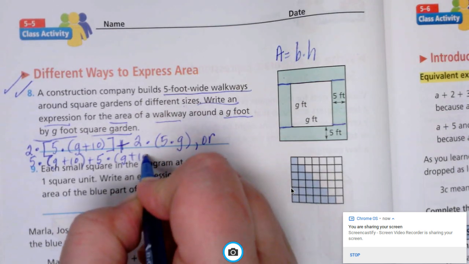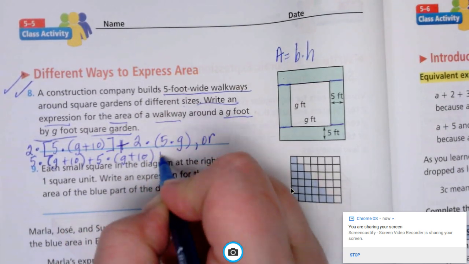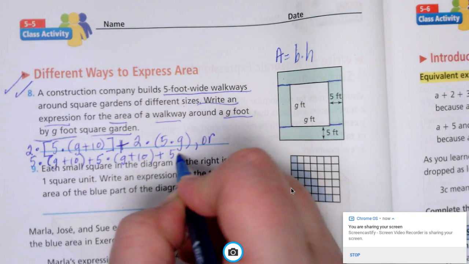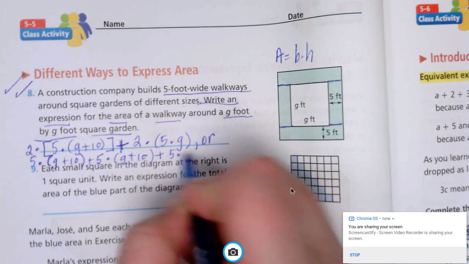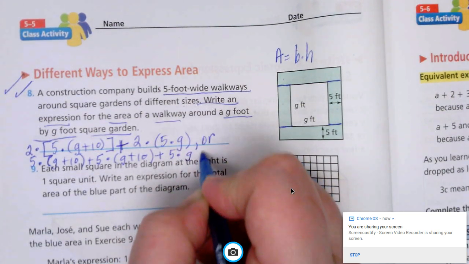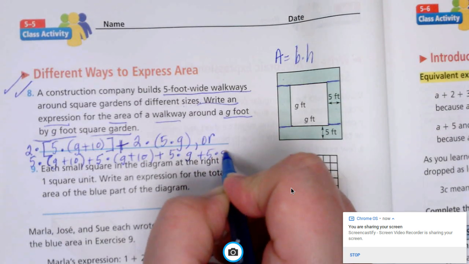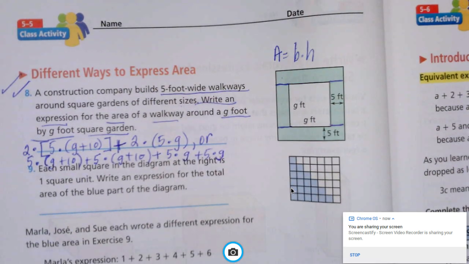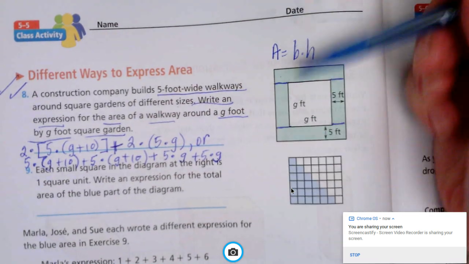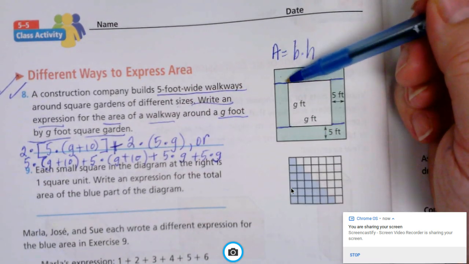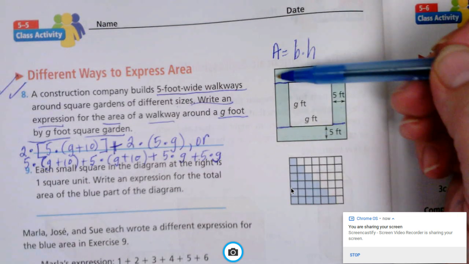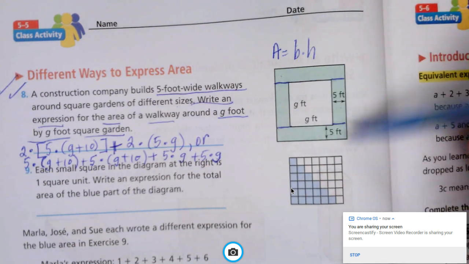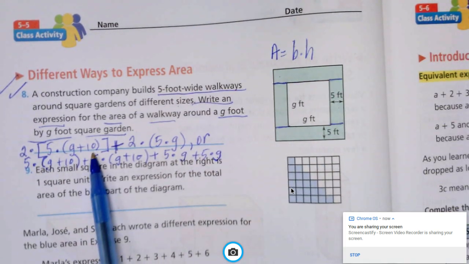Sorry, I'm looking at my answer key too, so I don't mess up. Plus 5 times G plus 5 times G. Interesting. We could have divided these here and here and here and here and made all of these rectangles the same length, and then the 10 would have changed a little bit.